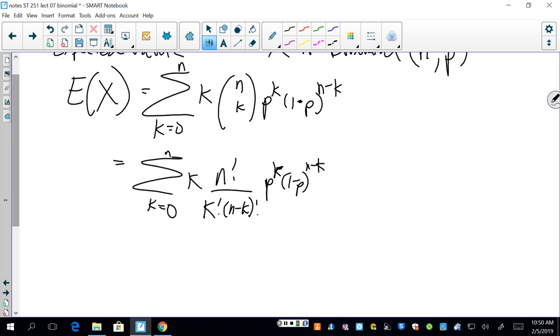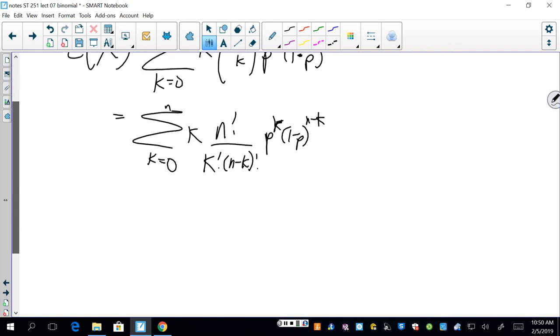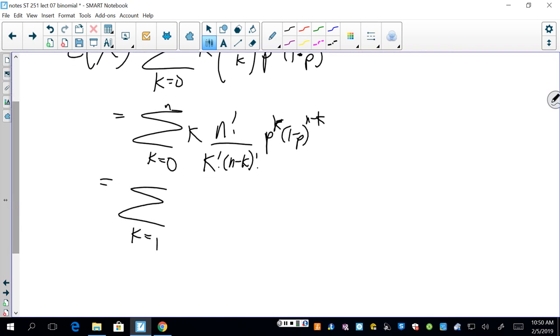It's still meaningful, because if you have a lot of probability at 0, then there's not much probability on the other things. So it matters for the expectation, but it's 0. So we can write the summation taking out the 0: k n factorial over k factorial, n minus k factorial, p to the k, 1 minus p to the n minus k.